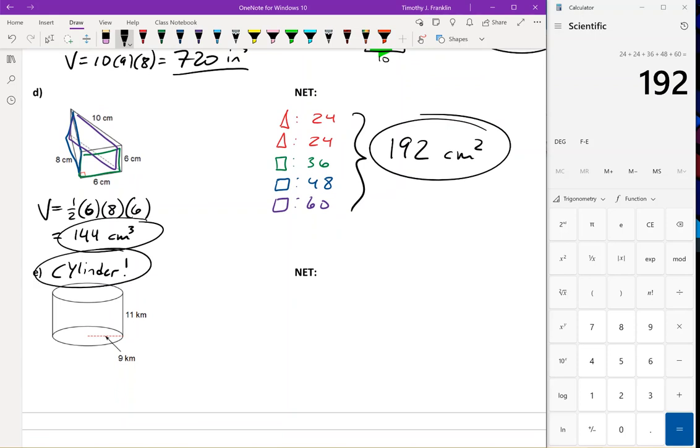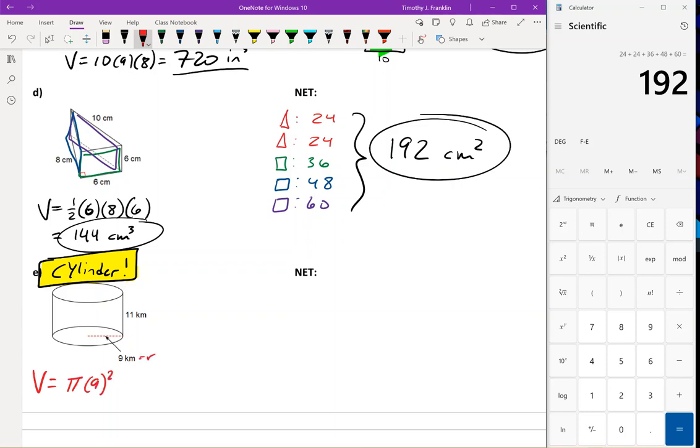So a prism is a shape that has sides, and a cylinder doesn't have any sides, but it does work the same way. The volume of a cylinder is just the area of the base, which is a circle, times the height. And we know to find the area of a circle, it's pi r squared. So we can find the volume here by doing pi r squared, where r is 9.